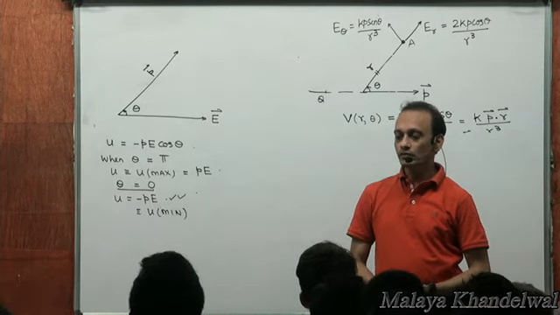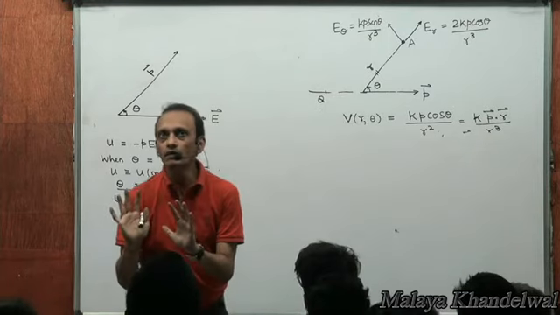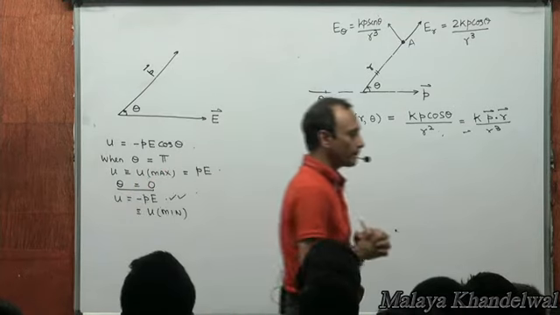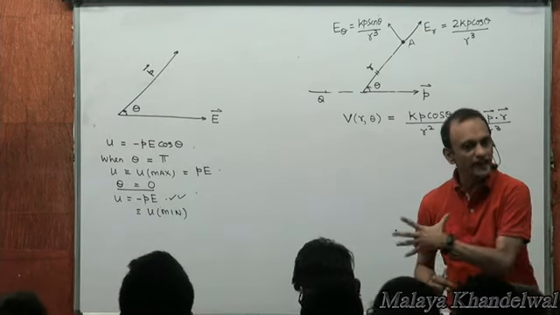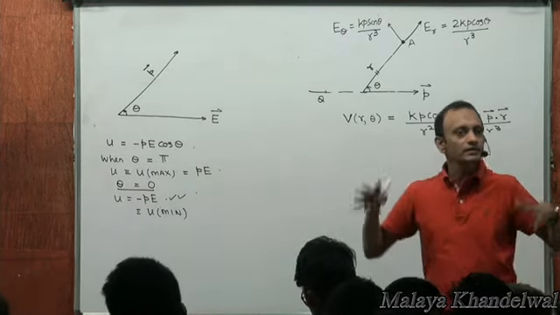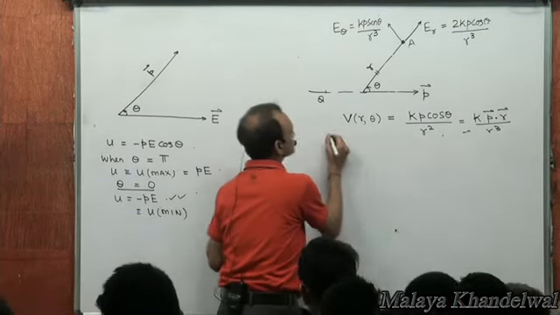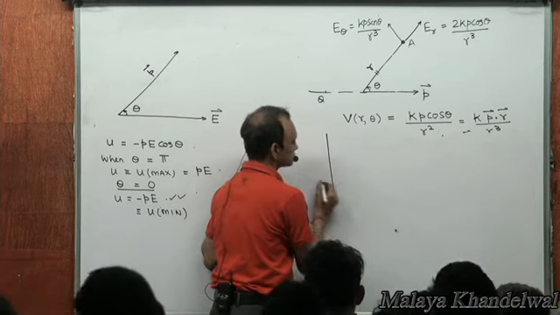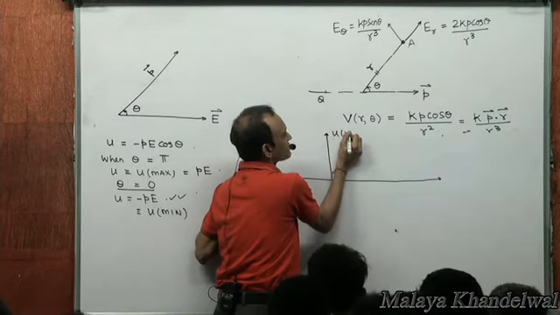Now, let me think of a particle in a force field in the x direction. Force acts on the particle in the x direction, and we consider its potential energy versus x.